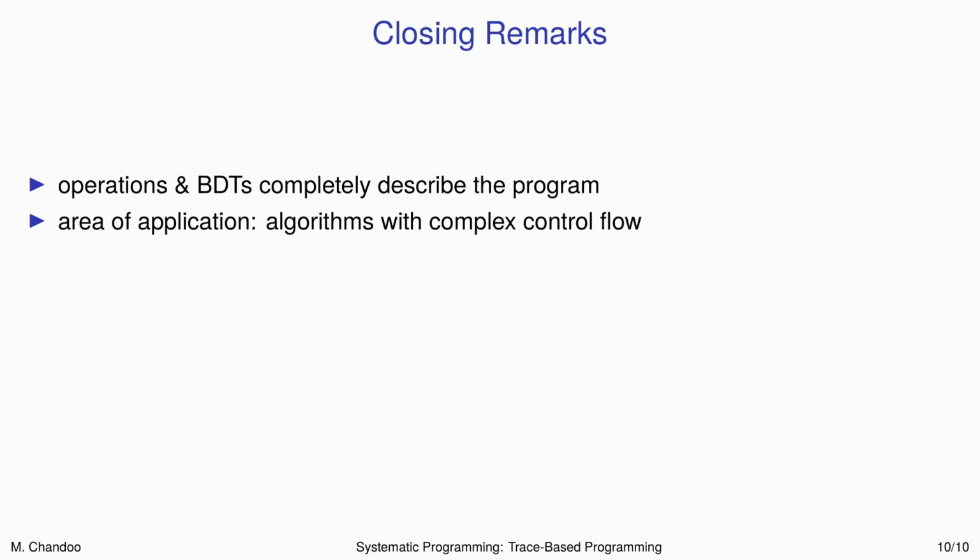The application of this method only makes sense in the context of algorithms with a non-trivial control flow. For example, a function that can be described by a non-recursive expression or using only a single operation does not gain anything from this method.